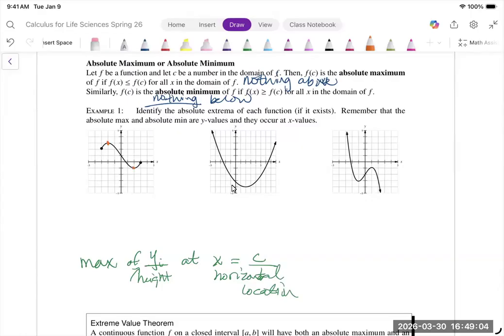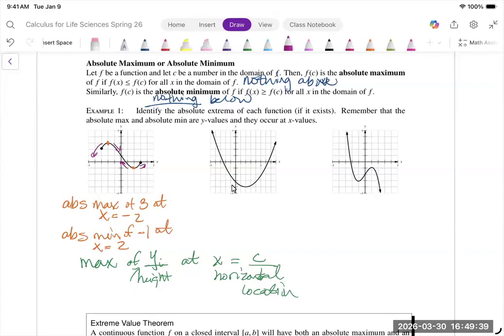And then here, notice that we have an absolute max of 3 at x equaling -2, and an absolute min of -1 at x equaling 2. Yes, we have endpoints, but notice that everything is respectively above or below our max and min.